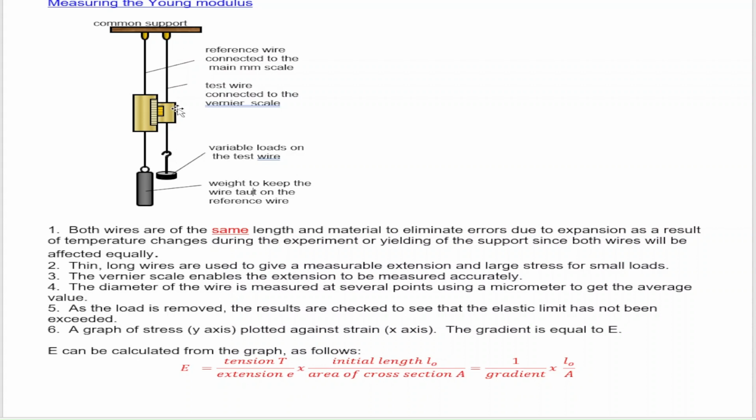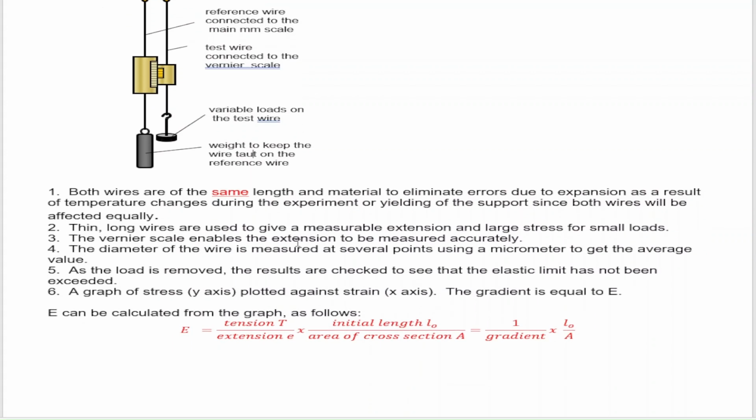Then the test wire has a vernier scale because the extension is going to be very small, so we want to see how it moves. The vernier scale is a small scale. Then this test wire is going to be subjected to variable loads. So we'll be adding the load and then observing what the new length is, and then you plot a graph at the end.